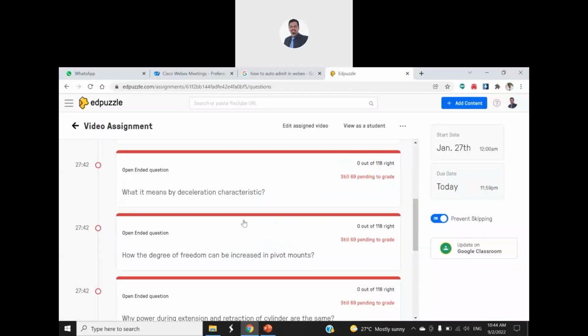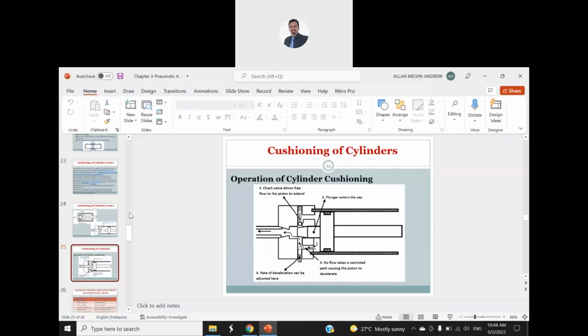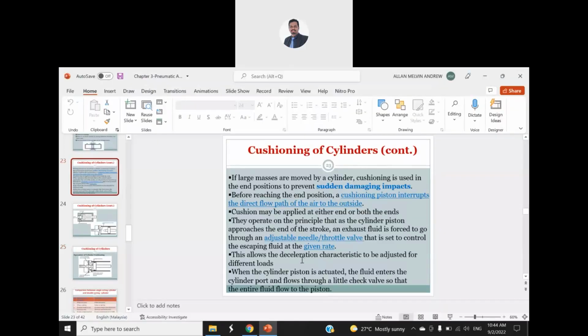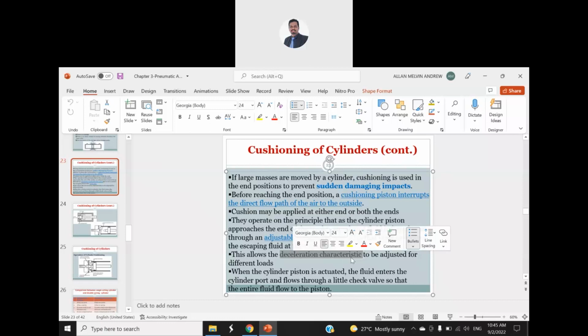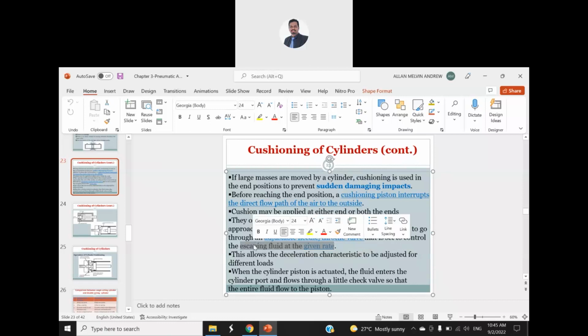Okay. So the deceleration characteristic in this case is referring to the adjustable needle. What are you adjusting here? By adjusting the screw, you are adjusting the rate of escaping fluid or flow rate. Okay.